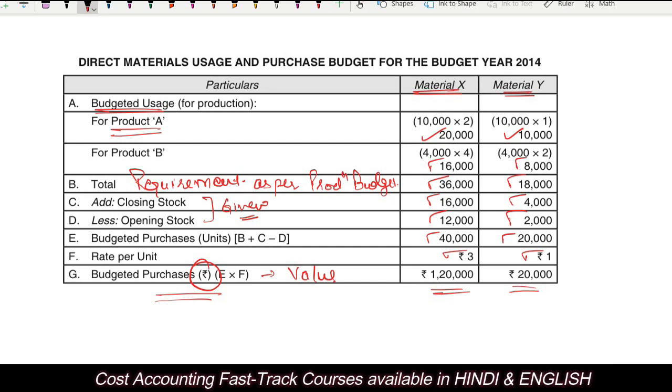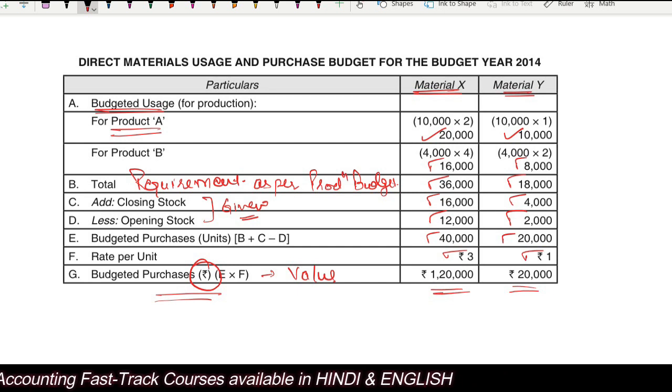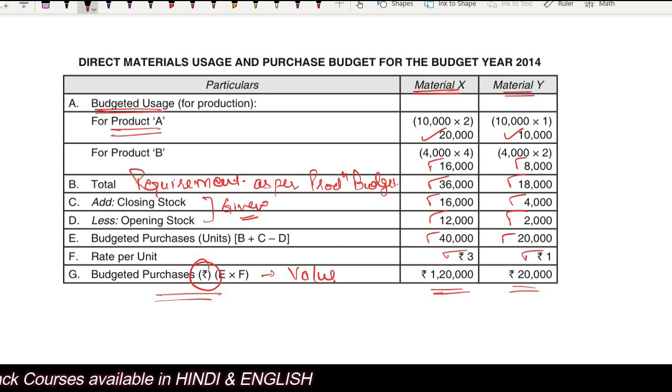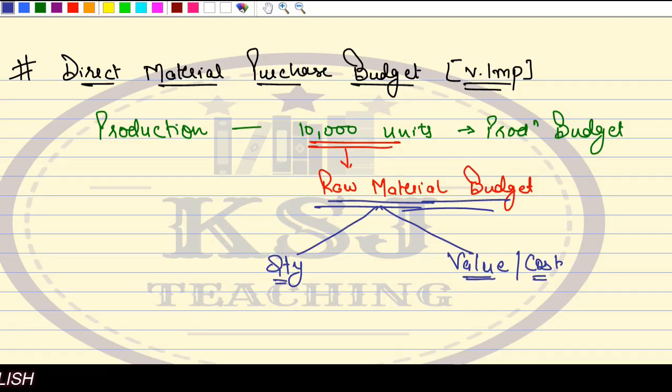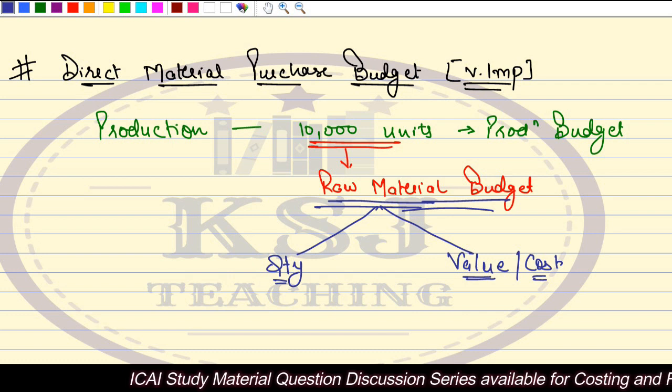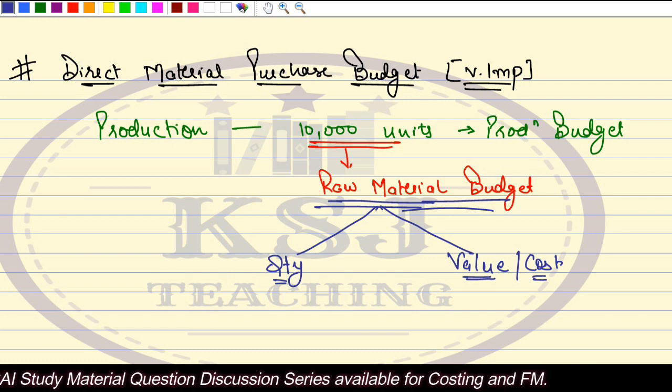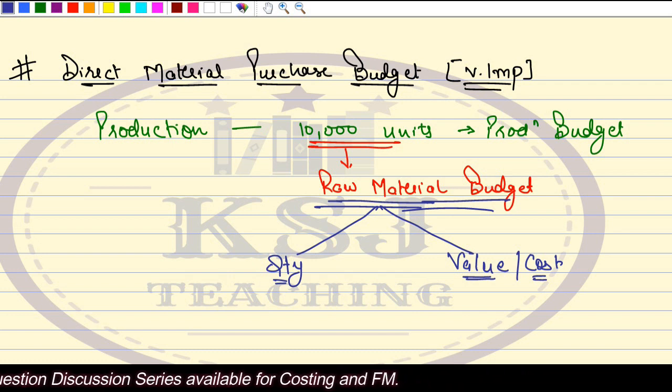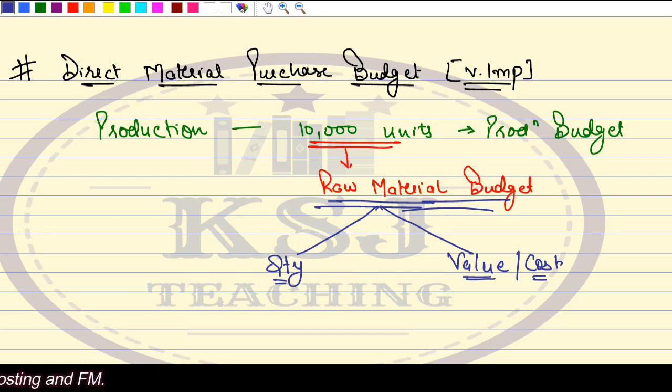Now this information can be presented in different ways depending upon the situation, depending upon the question that is available to you in the examination or practice, whatever it is. But the basic crux of this raw material purchase budget is this only: how to calculate the raw material quantity that is to be purchased.